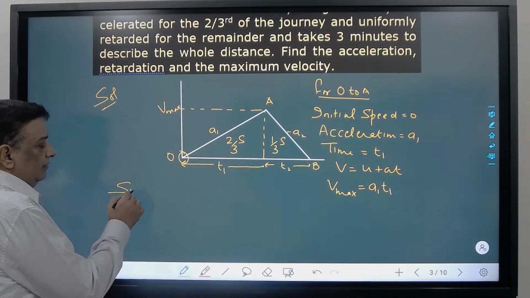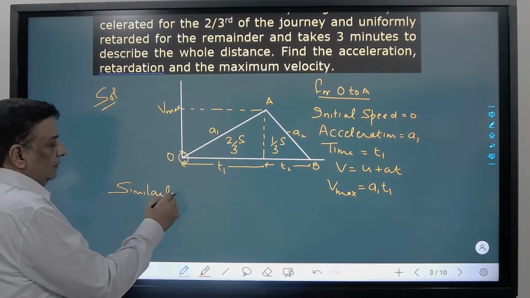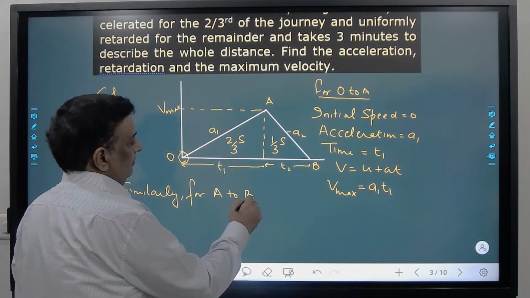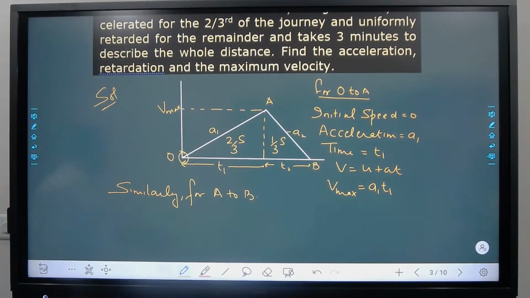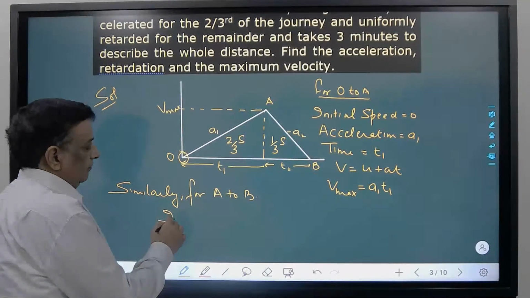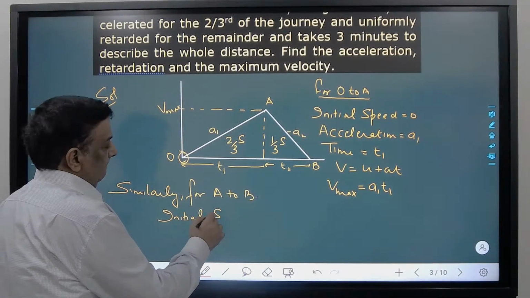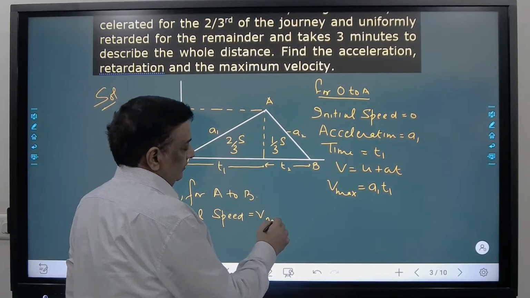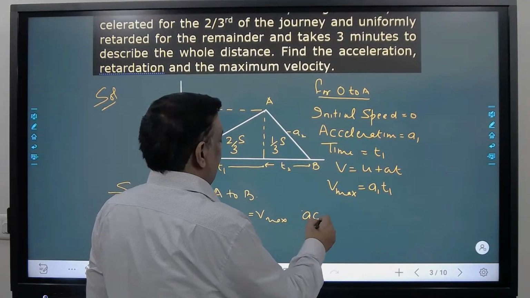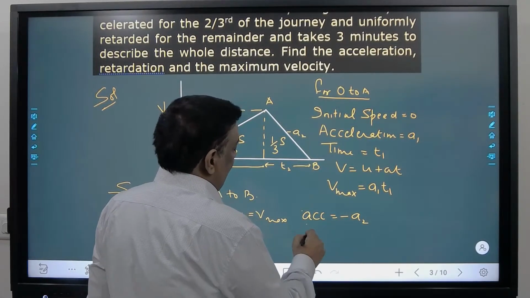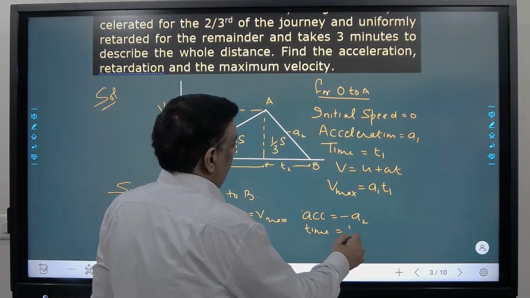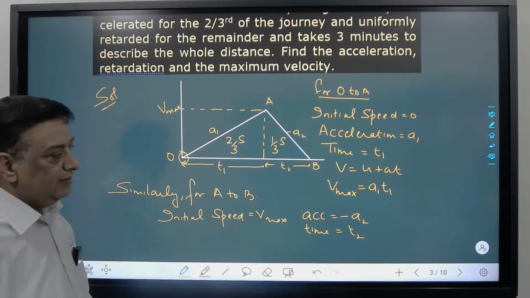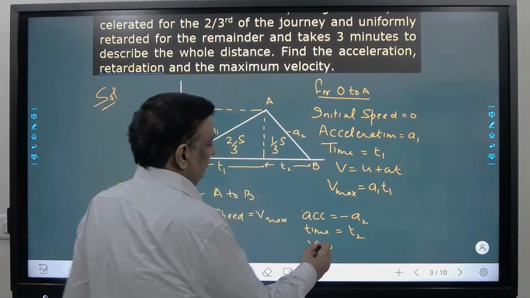Similarly, for A to B, now the initial speed at A is Vmax, acceleration is minus A2 because it's retardation, time taken is T2 and it comes to the state B. So final velocity is 0.